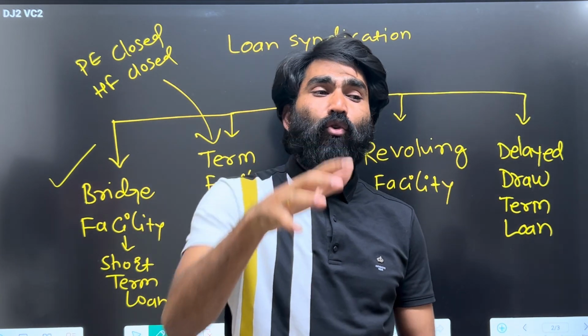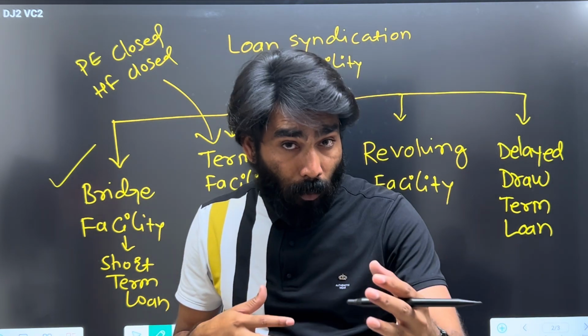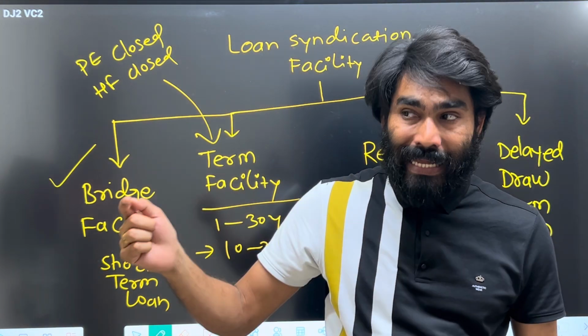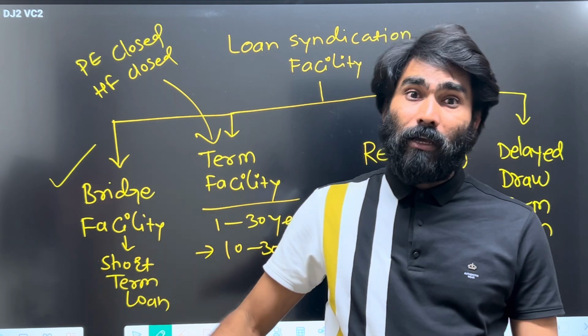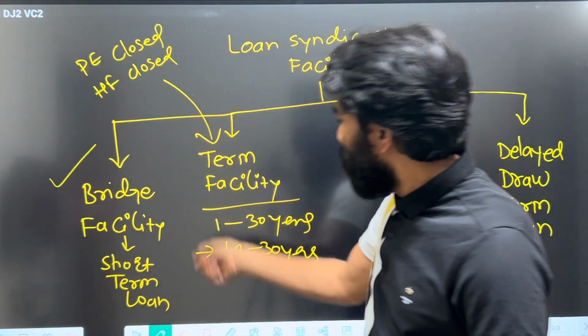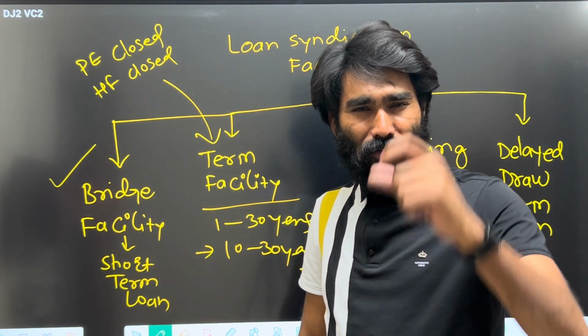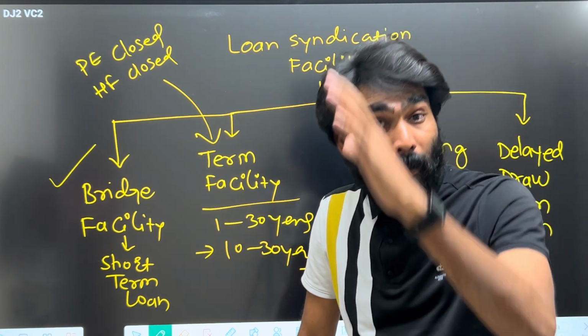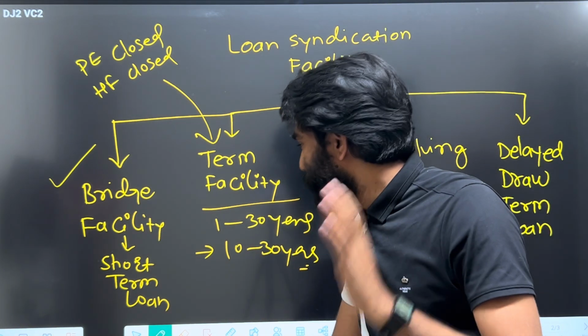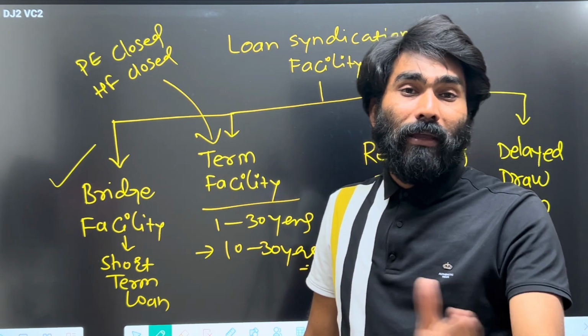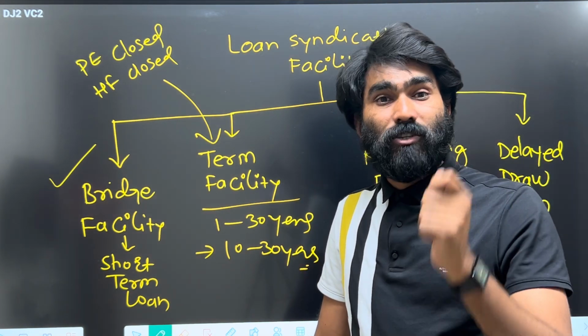When you apply for a home loan, what happens? You apply for a home loan for the next 20 years, 30 years, 40 years. In a similar way, when a business is in need of funds, the business can apply for funds for more than 20 years, 30 years, depending on their restructuring plan.